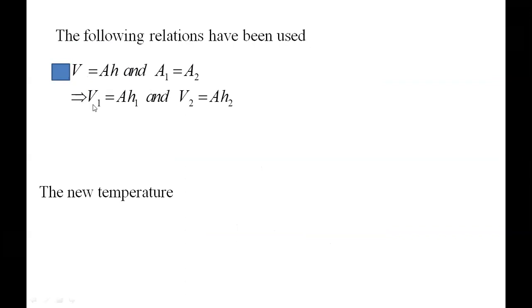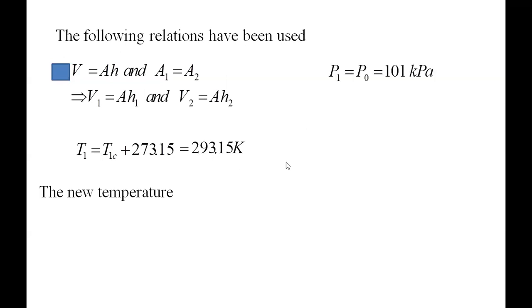Volume 1 equals area times H1 and volume 2 equals area times H2, because we have a difference of 20 centimeters. And T1 equals 20 plus 273, which equals 293 Kelvin. So P1 equals P naught at initial, which equals 101 kilopascals.